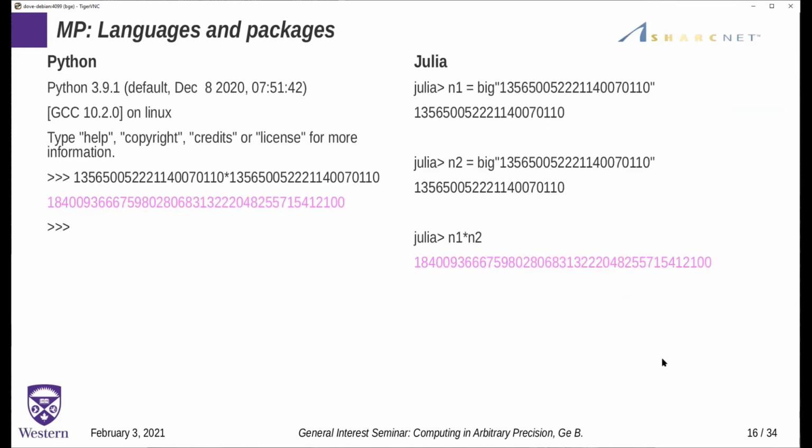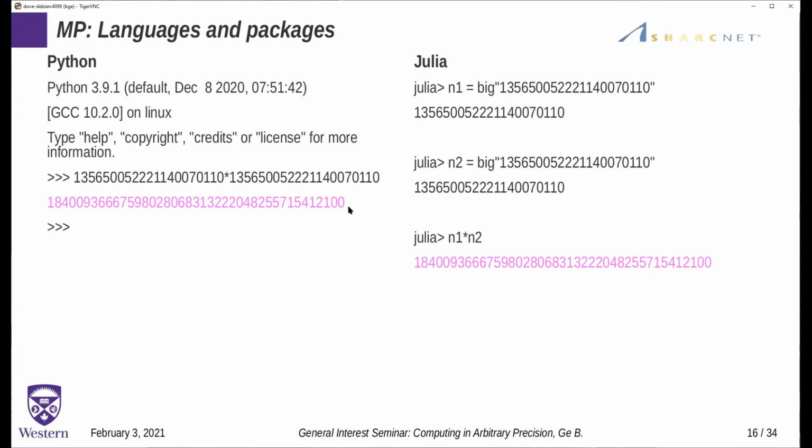Now, here's the Python and the Julia example. In Python, Python actually supports arbitrary precision integers. So if you type 2 large integers, it will automatically use the right precision to represent these 2 numbers, and then you multiply these 2 numbers. These are 2 huge numbers.